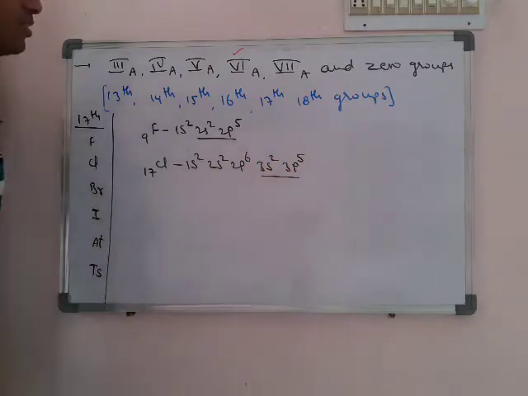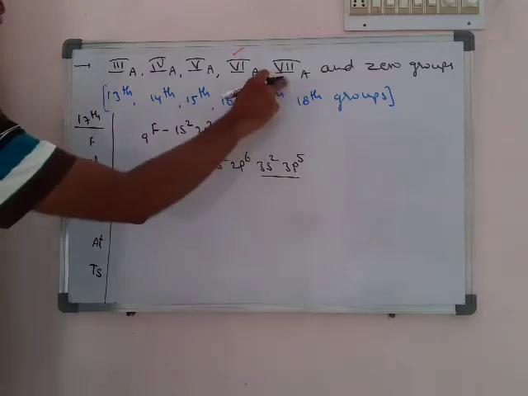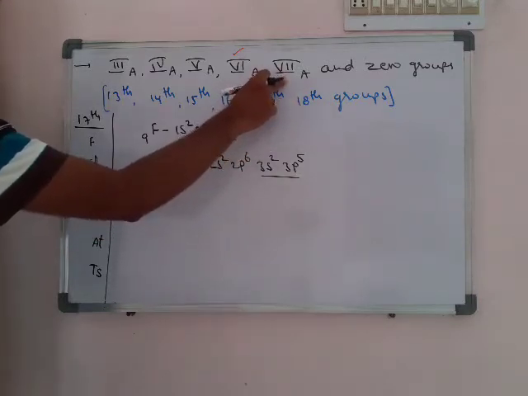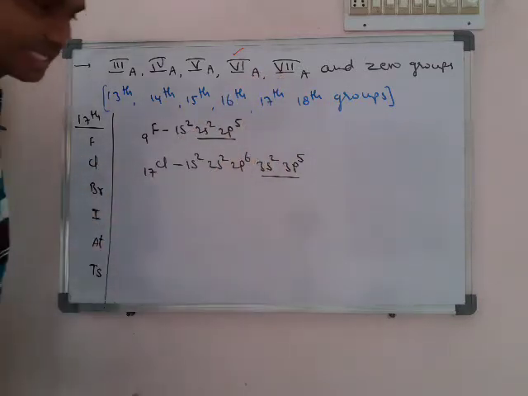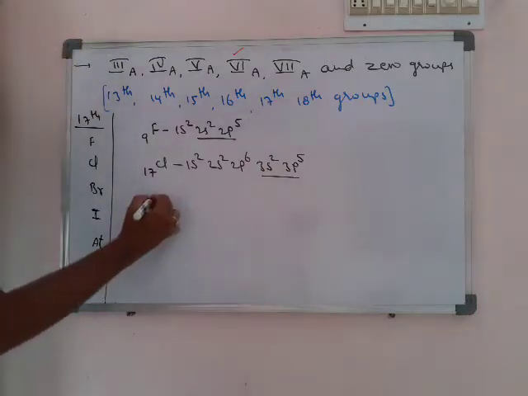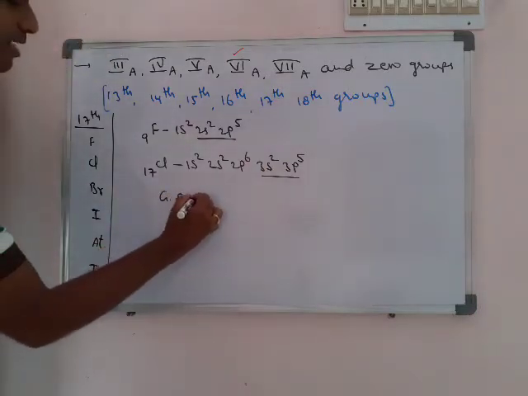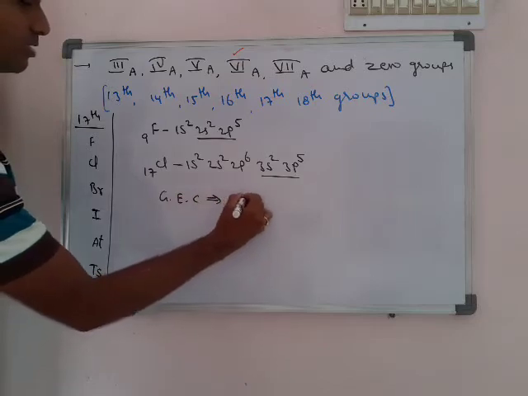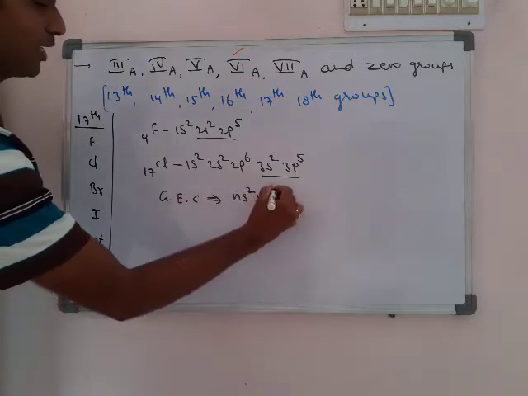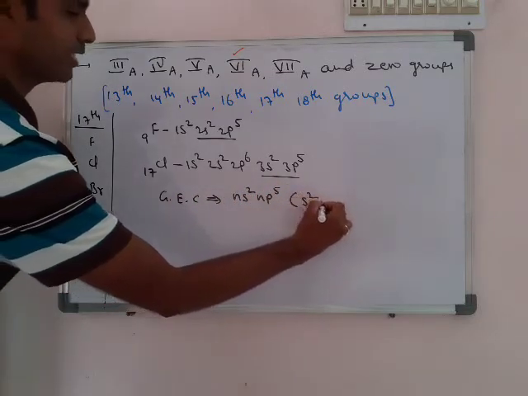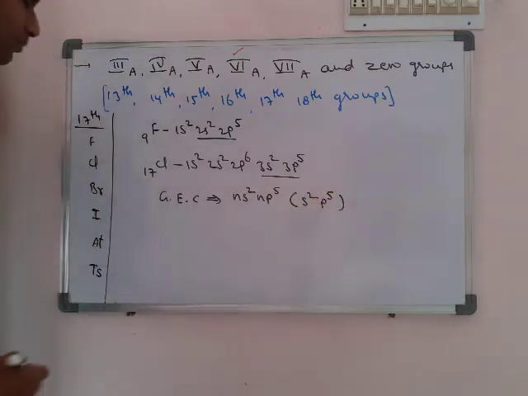So in the valence shell, how many electrons are there? The 17th group, nothing but the 7A group, has 7 valence electrons. So we can write the general valence electronic configuration as ns2 np5. So we can write it as s2p5 also.